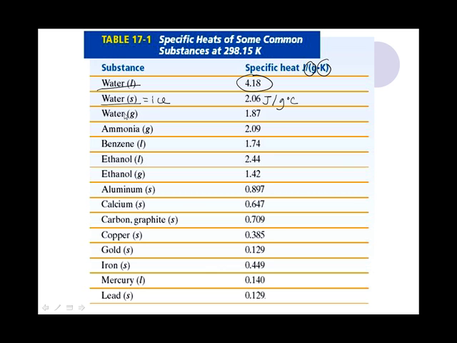Gaseous water, steam, needs 1.87 joules per gram of steam to change its temperature by 1 degree.